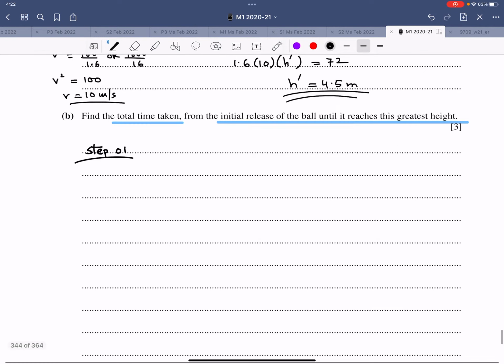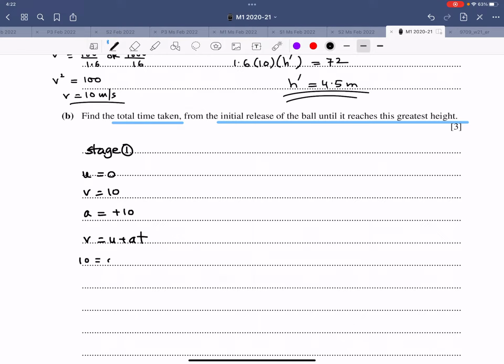Let me call it stage 1. Stage 1: initial velocity was 0, final velocity is 10, acceleration is plus 10. So v is u plus at, therefore 10 is 0 plus 10t, therefore t comes out to be 1 second. So it took 1 second for it to reach the bottom.